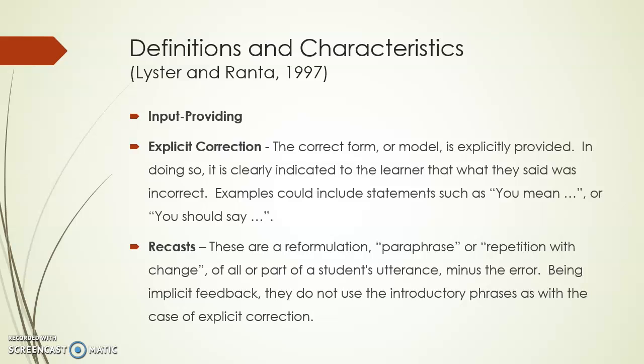Examples could include statements such as, "you mean," or "you should say." Recasts are reformulations or paraphrases or repetition with change of all or part of a student's utterance, minus the error. Being implicit feedback, they do not use the introductory phrases as with the case of explicit correction.